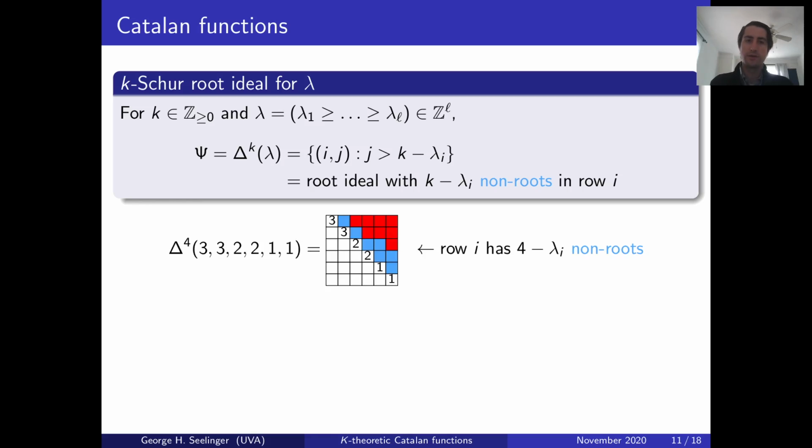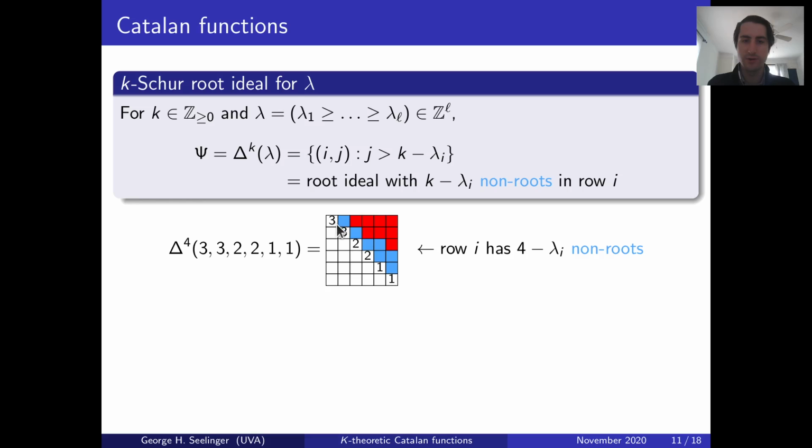So here we take k equal to 4, and then we'll take this integer vector, 3, 3, 2, 2, 1, 1, and then we write it along the diagonal here, just as a trick to make it easy to draw the picture, and we need to add in each row a number of non-roots such that the entry of the vector plus the number of non-roots is equal to k, which in this case is 4.